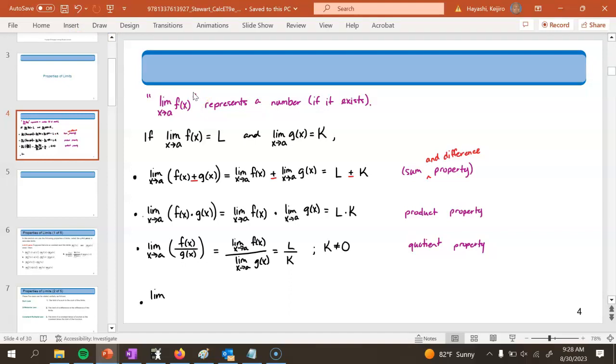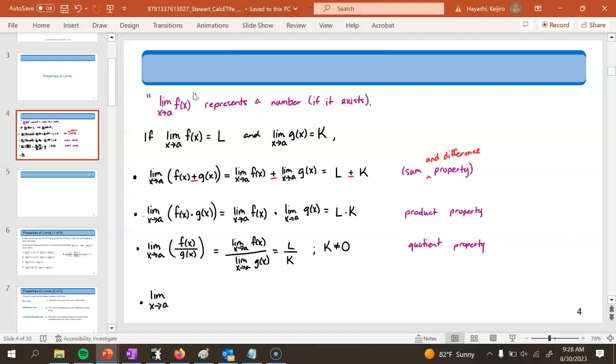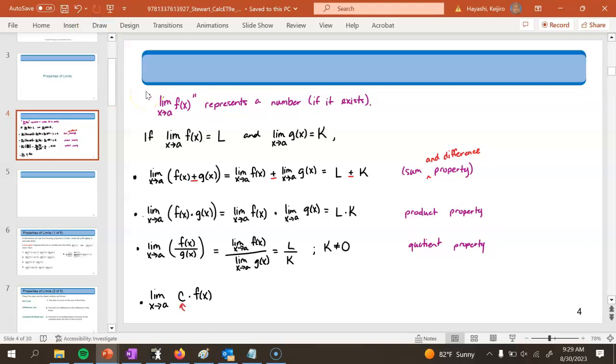If you're trying to find the limit of a constant times f(x), this here is some sort of constant multiple.